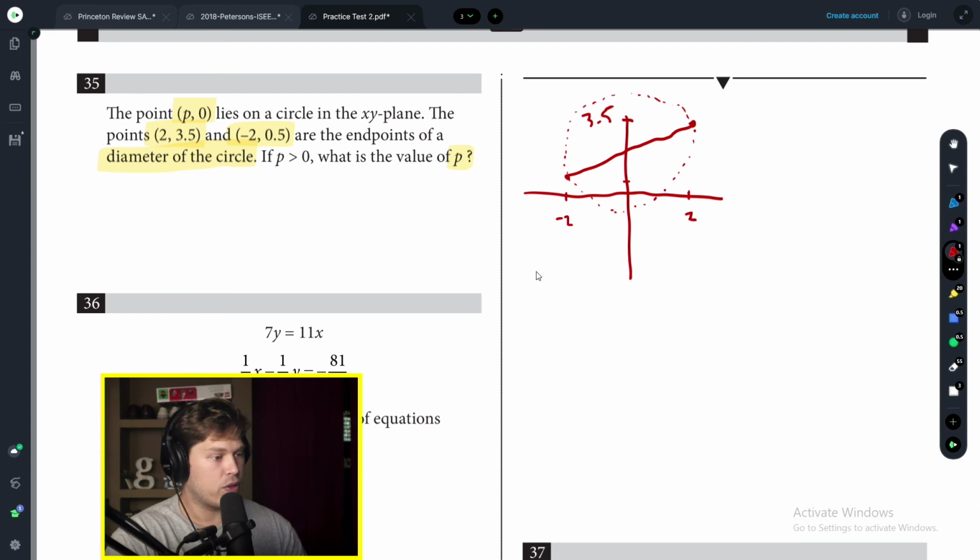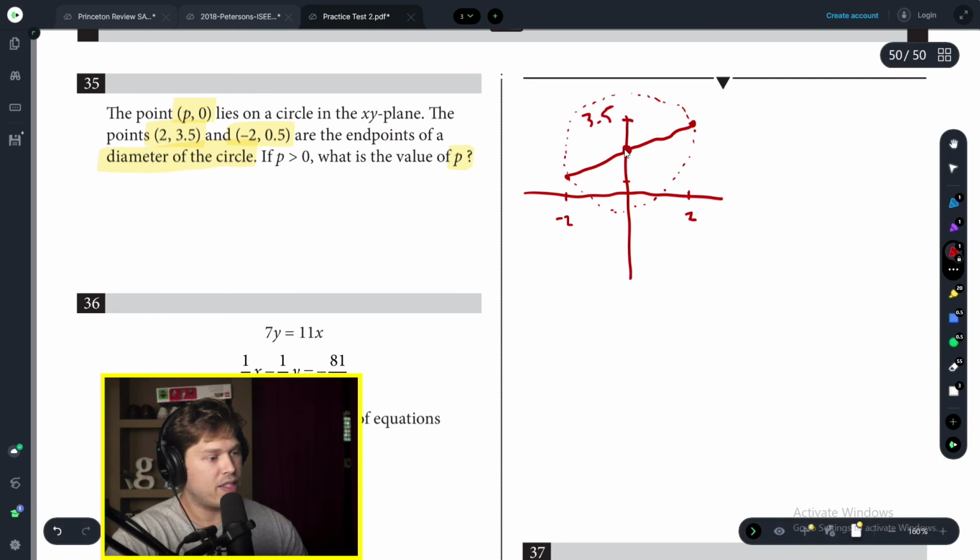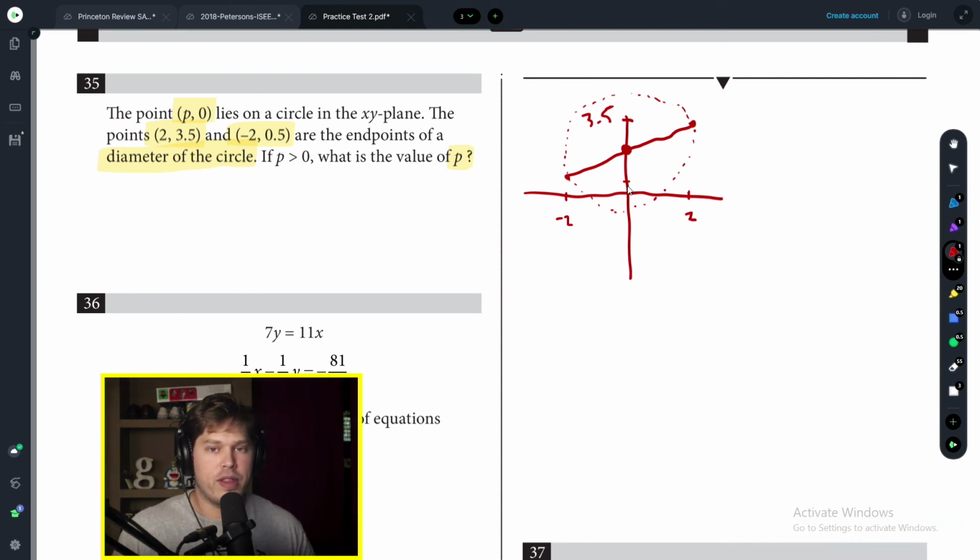So how can we figure out what p is? Well, let's first find the center of our circle. Then we can form the equation for our circle, plug in 0 for y and solve for x to get the value of p. So that's our game plan.